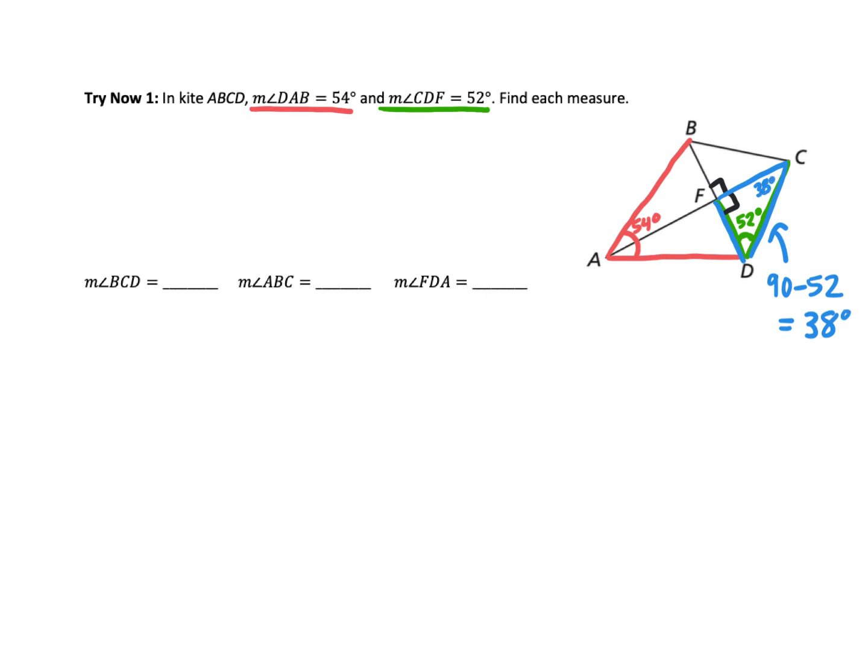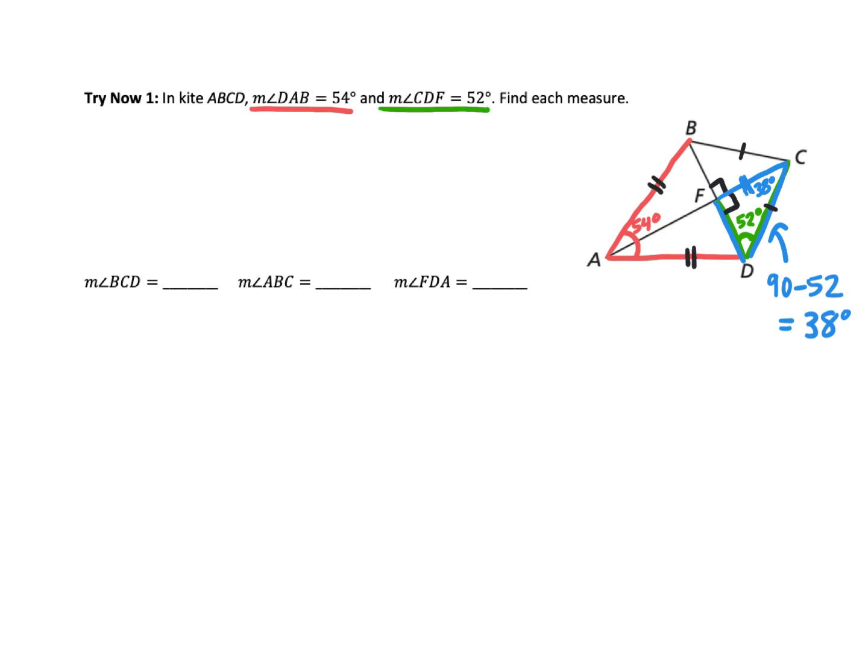And then since this is a kite, one fun fact to know about kites is you basically get two congruent triangles. And it's all by, I guess it would be the HL theorem, because they share this leg, and the hypotenuses are congruent because in a kite, we have those consecutive congruent sides.